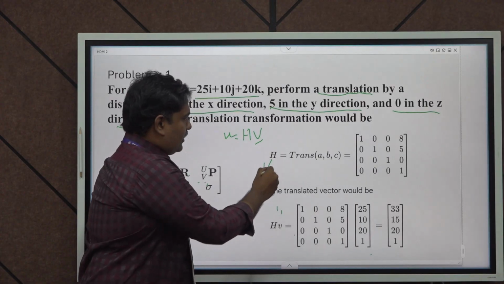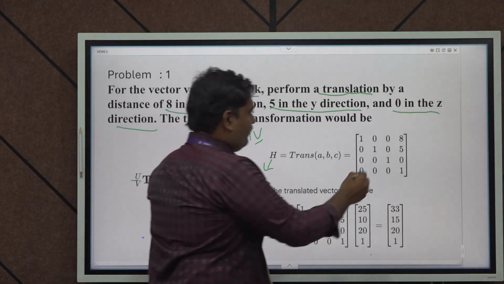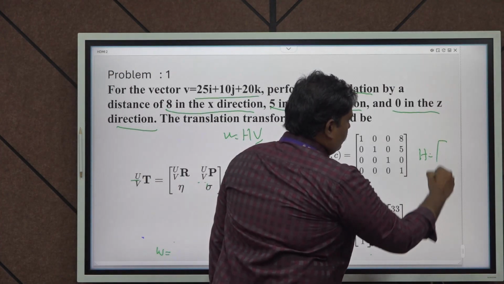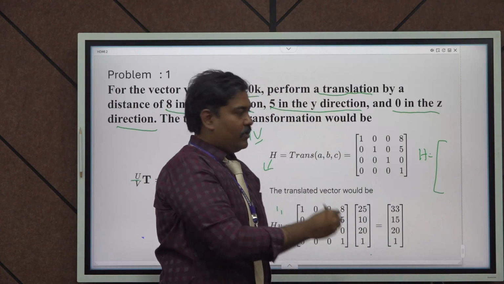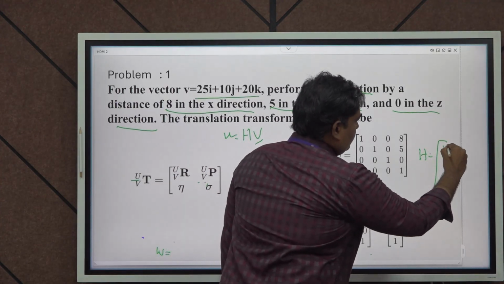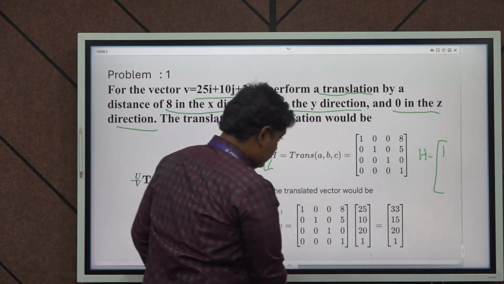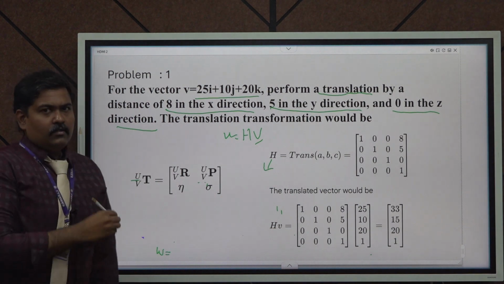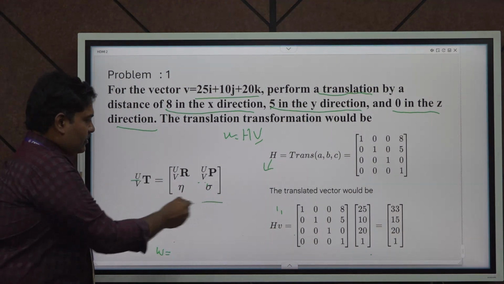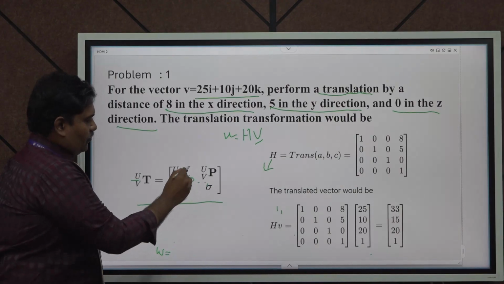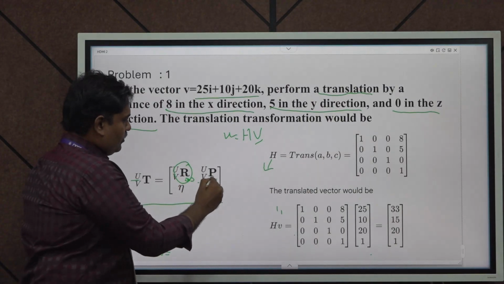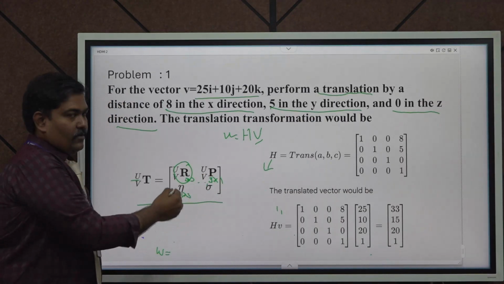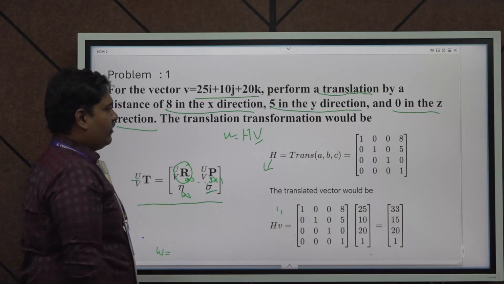Here the transformation matrix can be written as, according to the formula, H is equal to the 3x3 rotation matrix followed by the 3x1 position vector and the 1x3 projection vector, and the last one is the scaling factor.